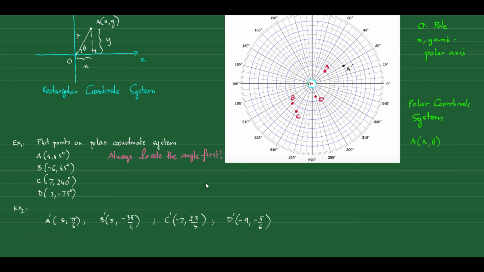So it will be right over here, because negative 3 pi over 4 is the same as negative pi plus pi over 4.